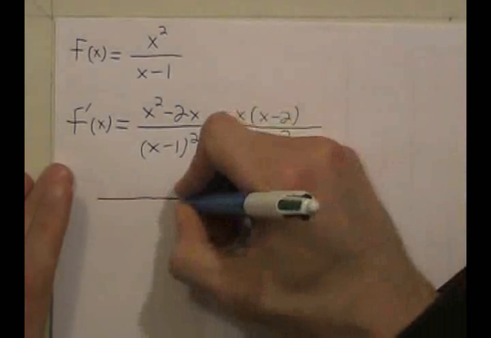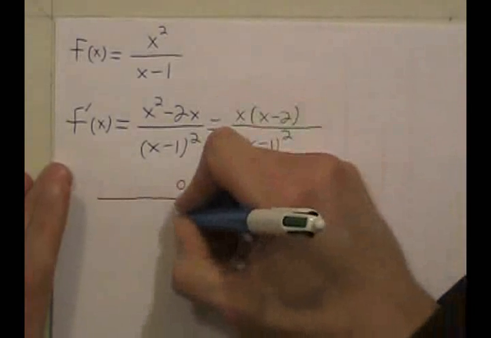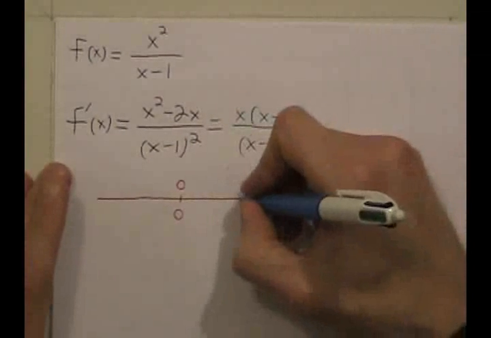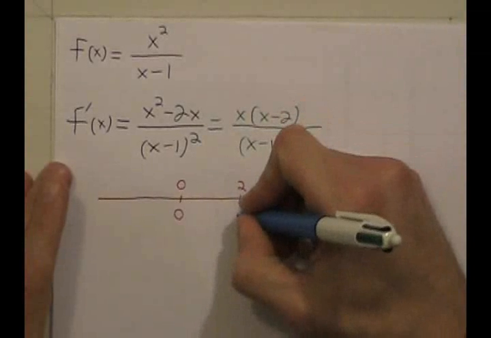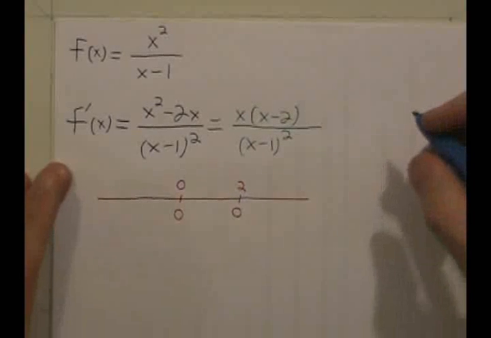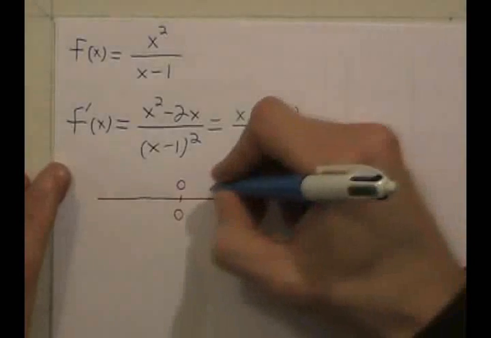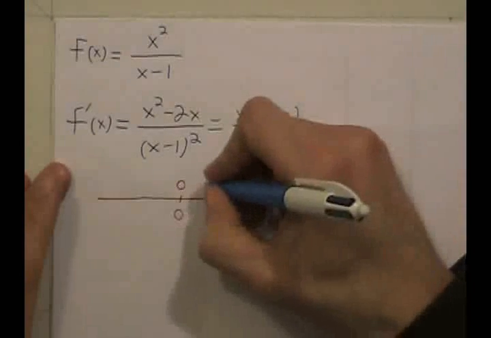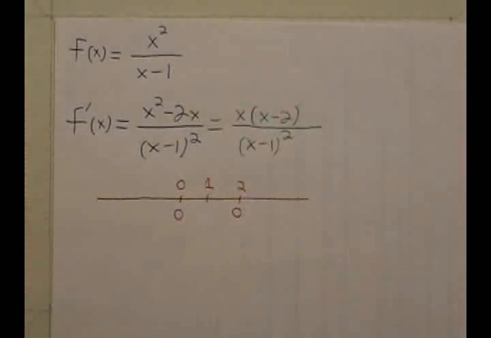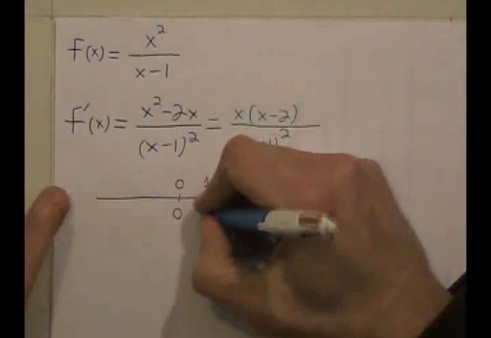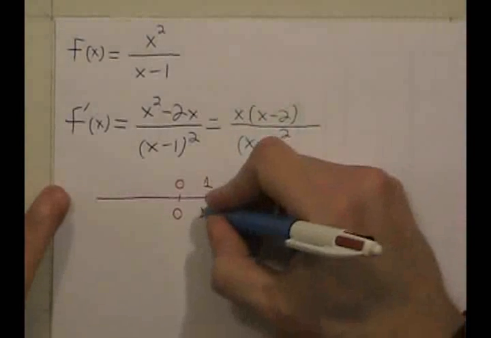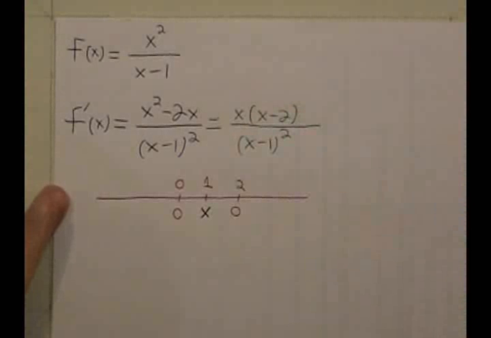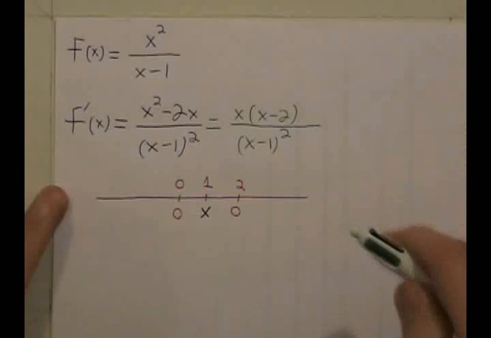So at x equals 0, the derivative is 0, and at x equals 2, the derivative is 0, and at x equals 1, it happens to be undefined. To mark that down, I just write an x there to let us know that the function does not exist there.